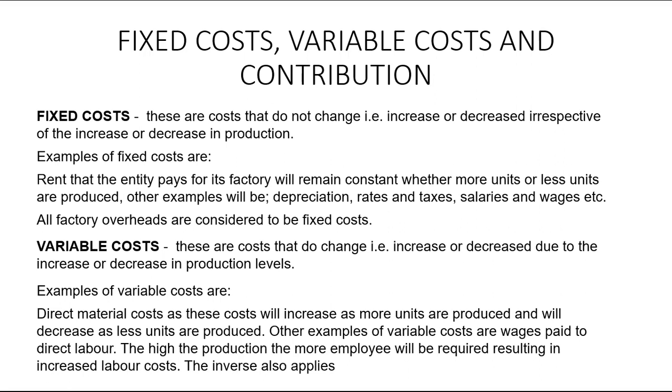For example, if I need more people to produce, I will hire more people, and that will result in an increase in direct labor. So the higher the production, the more employees I will need. And when I hire those employees, I will have to pay them. That will increase my labor cost.